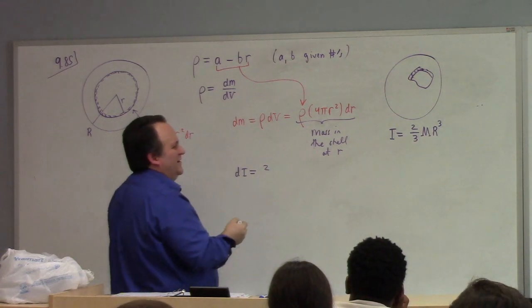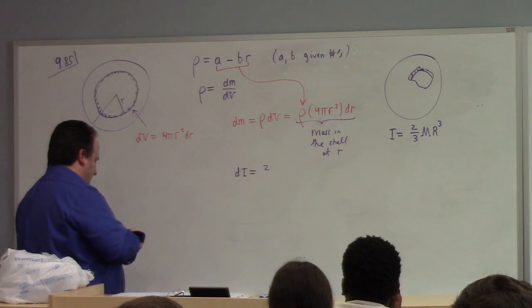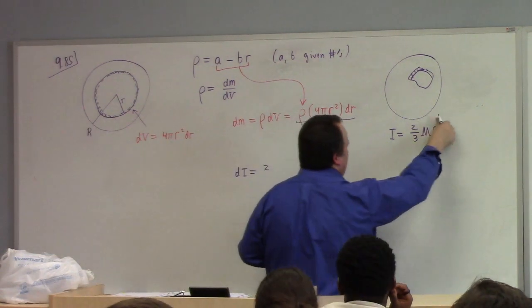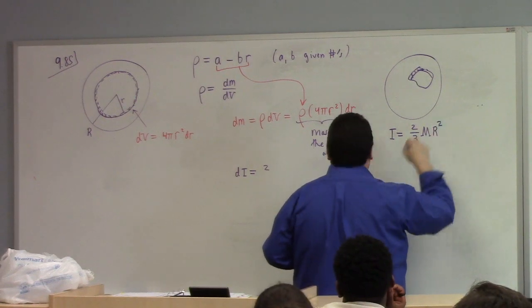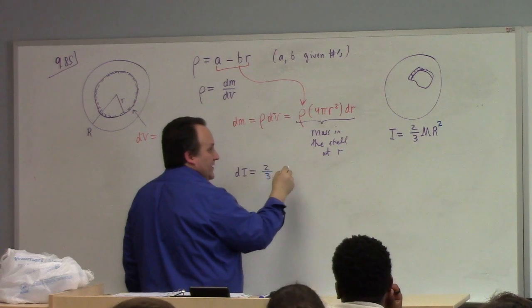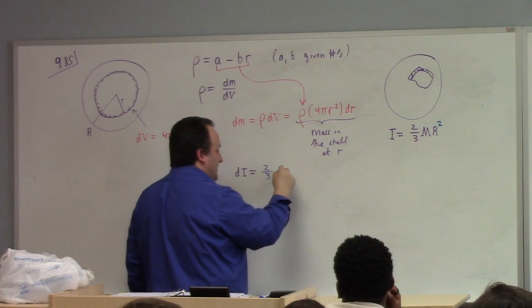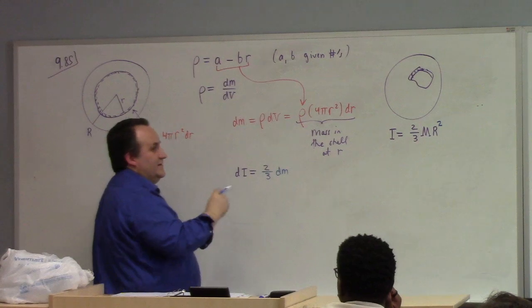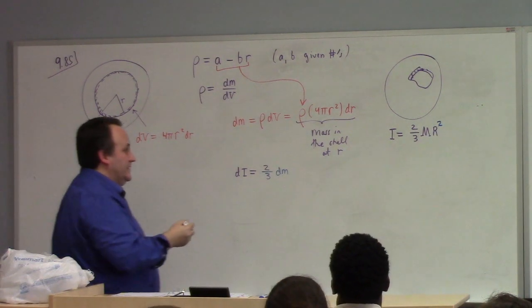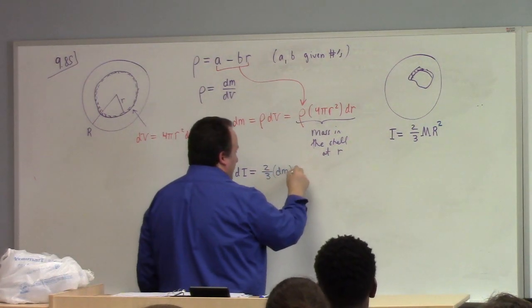Why did I put a cube there? Come on, guys, don't let me do that. Good grief. Boy, man, that's not good. All right, 2/3. And then dm, because it's a little tiny little bitty mass spread out over this infinitesimal shell, dm times r squared.